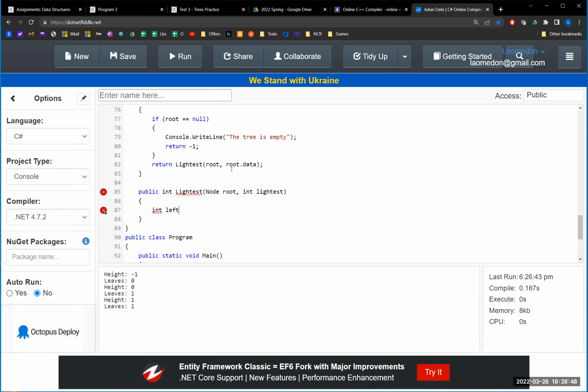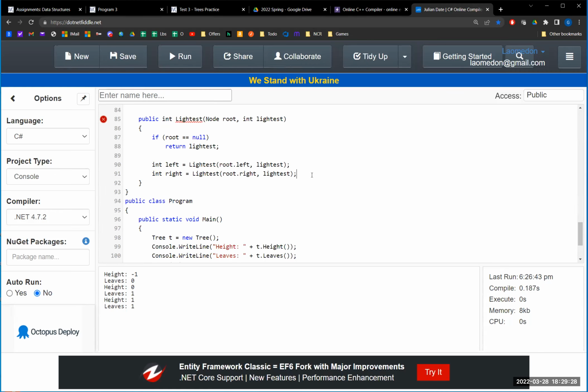So what we're going to do is get the left lightest by calling lightest again. Root left. And whatever our current lightest is. And we need our logic and all that fun stuff. It's the same idea for the right. All right, so if root's null, we'll just return back whatever was passed in as the lightest.